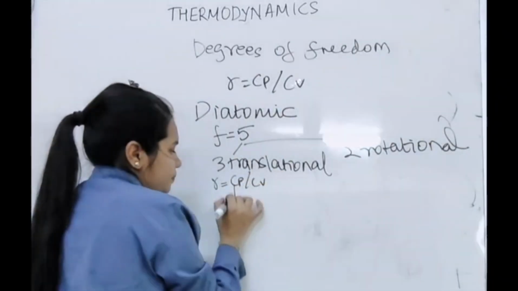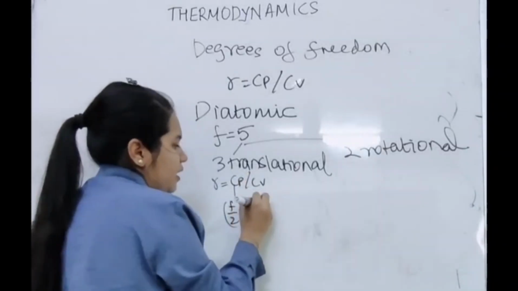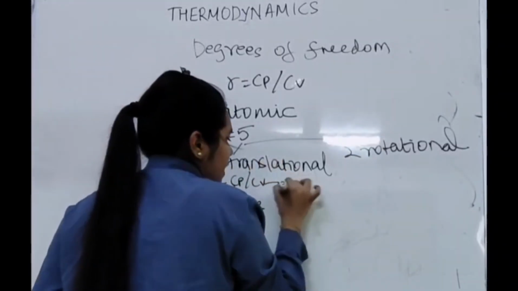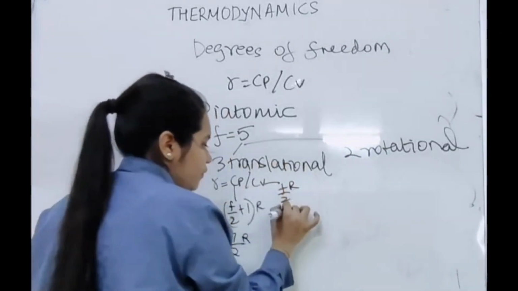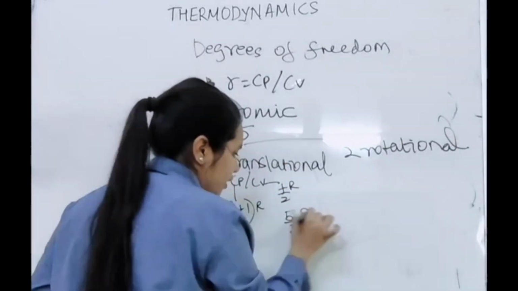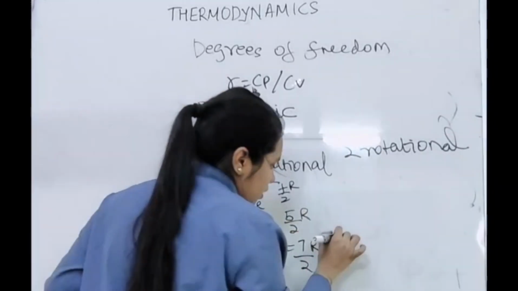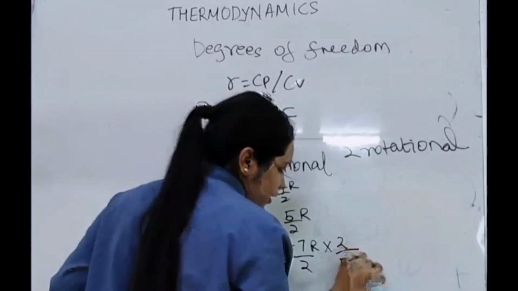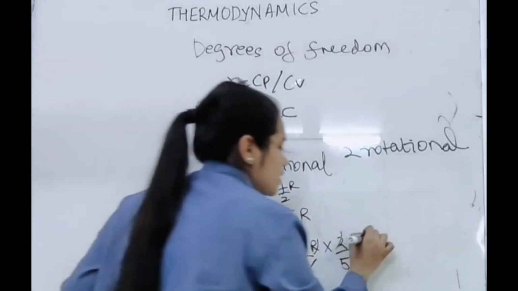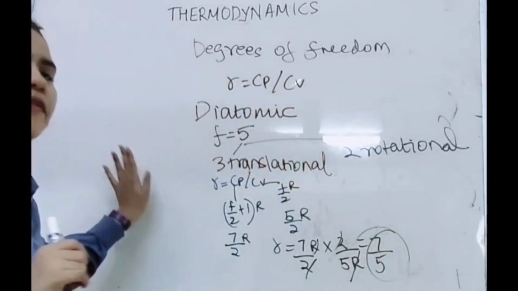Cp is (F by 2 plus 1) R, Cv is F by 2 R. So 7 by 2 R over 5 by 2 R, which is 7 by 2 R into 2 by 5. Cancel. 7 by 5. This is for diatomic. You have to know this one.